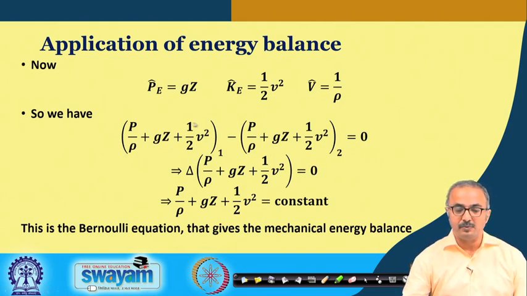Okay. Now, we put those things here. Instead of the V cap, we are putting 1 by rho. So, it becomes P by rho plus g Z plus half V square at the outlet, minus P by rho plus g Z plus half V square at the inlet, and that is equal to 0. It means that if we take the difference, this delta signifies the difference.